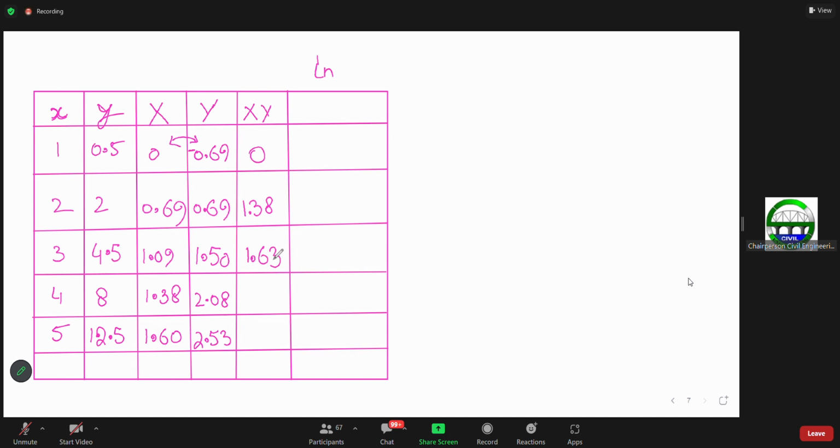And then 2.08 into 1.38 is equals to 2.8, and then 1.60 multiplied by 2.53 is equals to 4.04. Okay, guys, so can you tell me the summation of this one? 15. How about this one?